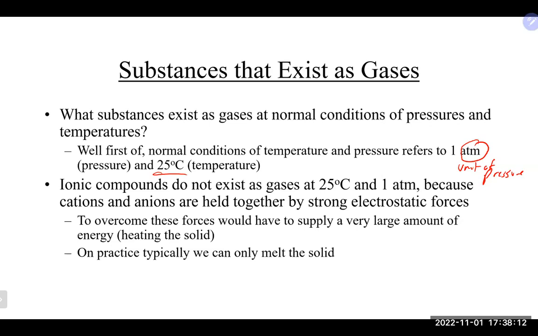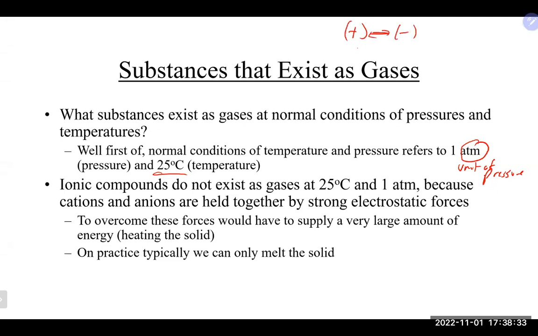Now, under these normal standard conditions, ionic compounds typically do not exist as gases. That's because ionic compounds are held together by very strong electrostatic attraction. Ionic compounds are cations, which are positively charged, and anions, which are negatively charged.